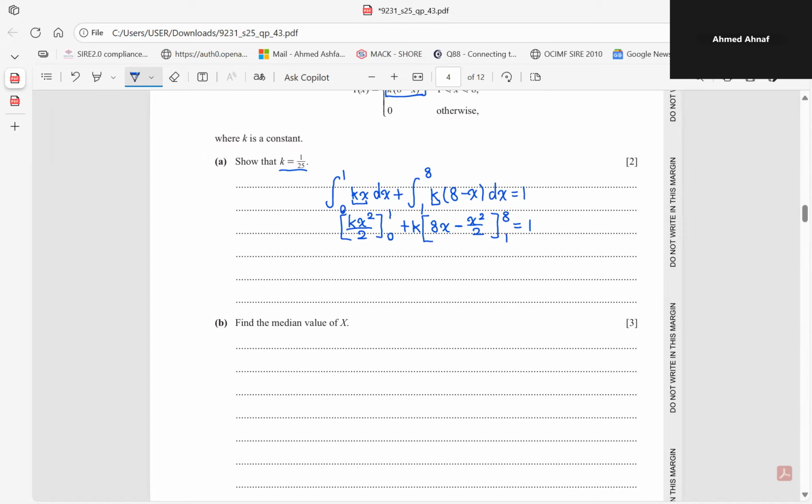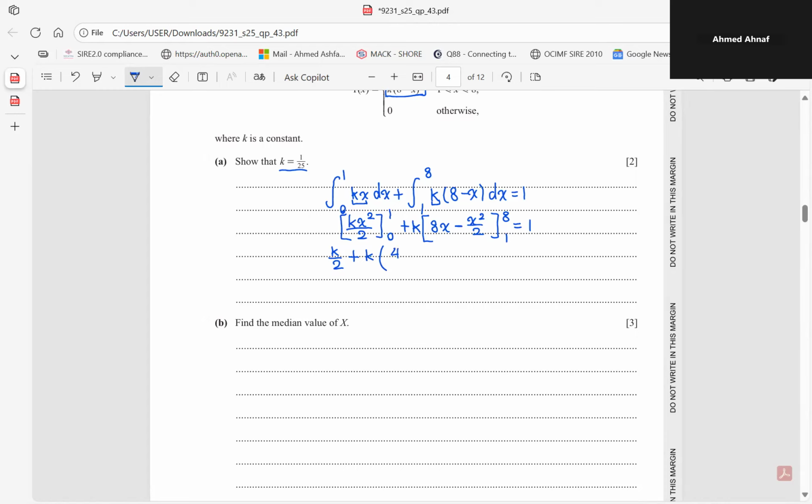Now just plug in your limits. So you plug in 1 into kx squared over 2, you will get k over 2, and then you plug in 0, you just get 0. Plus k times, 8 times 8, that's 64, so 64 minus 8 squared over 2, sorry, 8 squared over 2 minus 8 times 1 plus 1 squared over 2.